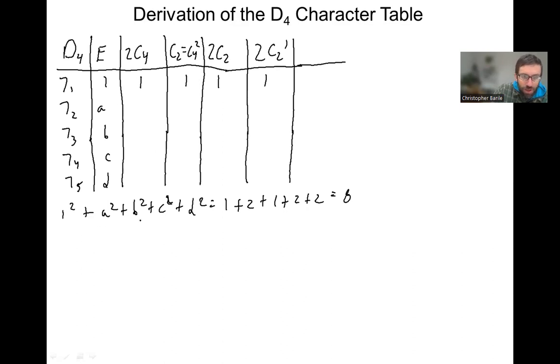And so the only way to get this to work, with those constraints, is if you have all of them being 1s except the last one being 2: 1 squared plus 1 squared plus 1 squared plus 1 squared plus 2 squared equals 8. So that's good. Now we can erase these A, B, C, Ds and just fill in 1, 1, 1, 2.